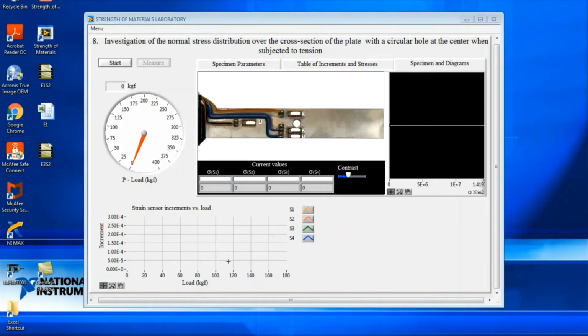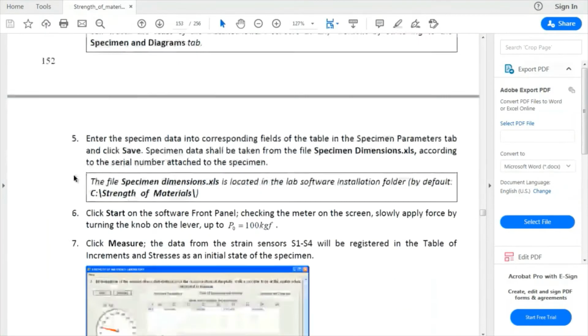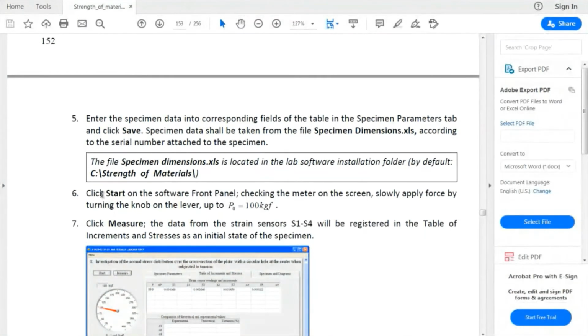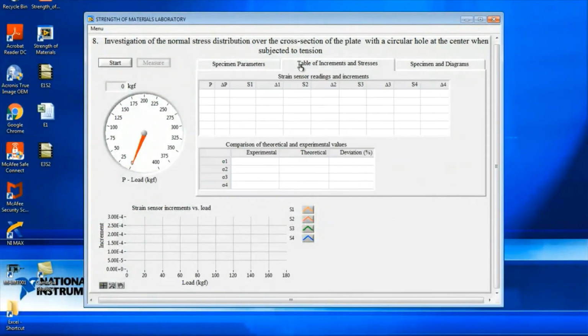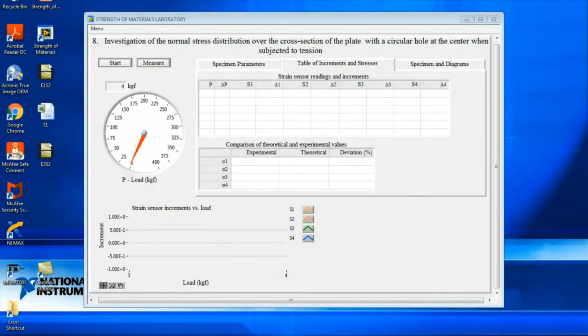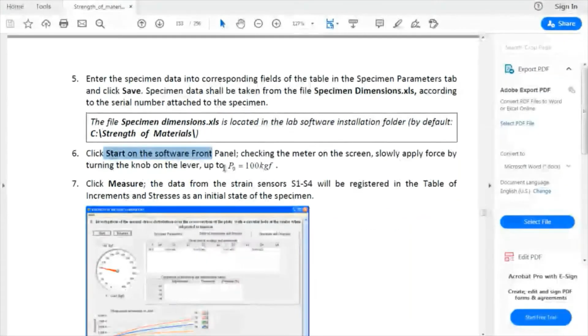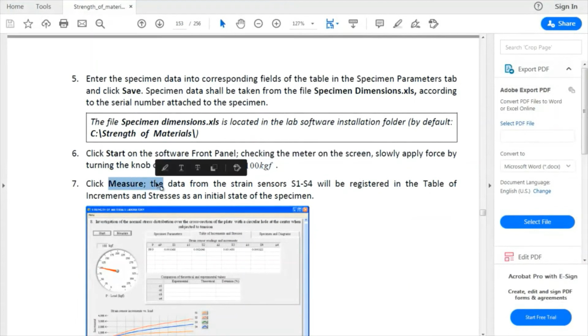So if we go back to the manual, we need to click start on the software panel. Let's go back to the table of increments and let me click start. So the device is ready now. We need to put a force of 100 kilogram force and then click measure.